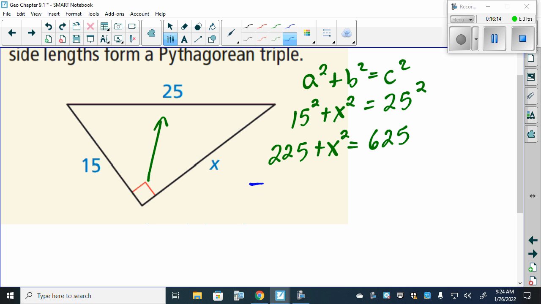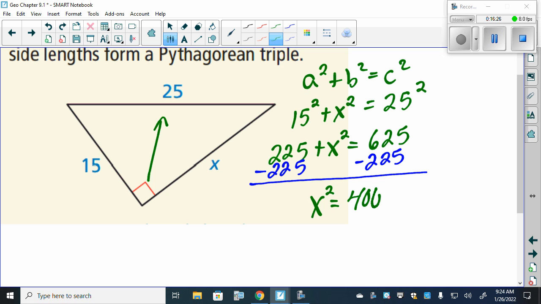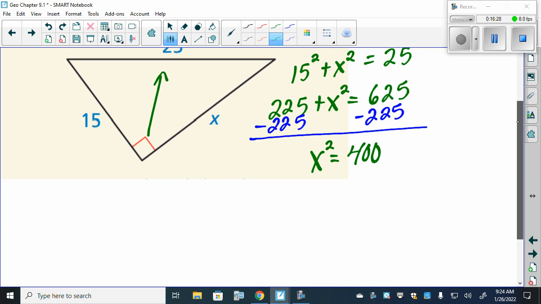Now we would subtract 225 from both sides, yes. Which would tell us that x squared equals 400. And when we take the square root of both sides, x would equal 20.